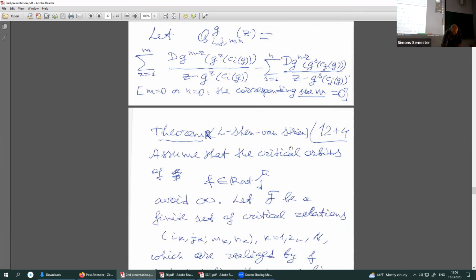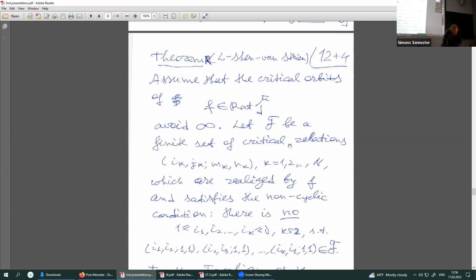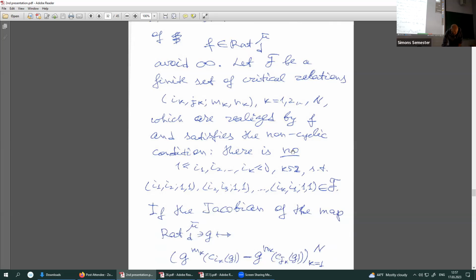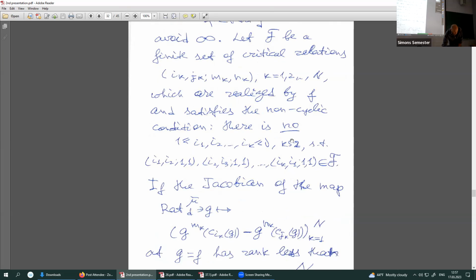And then we prove the following theorem. Assume that the critical orbit avoids infinity. It's not a problem, by a Möbius transformation, because the critical orbits are countable. Now let F be a finite set of n critical relations which are realized by f, and they satisfy a non-cyclic condition.